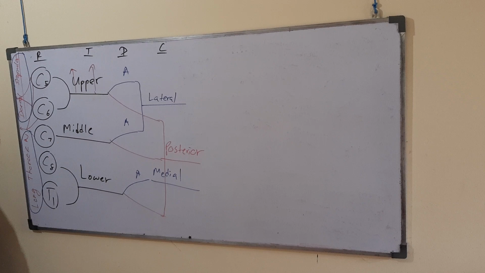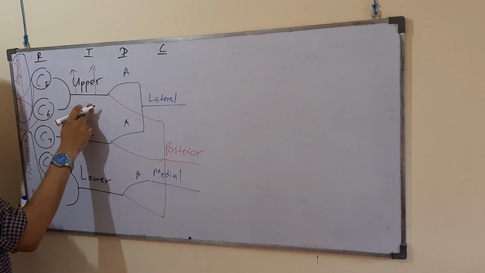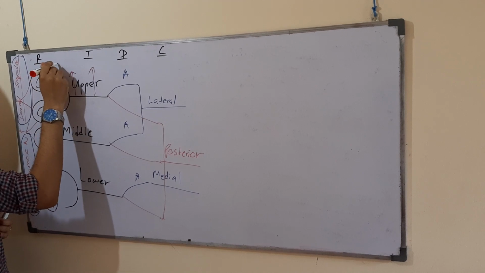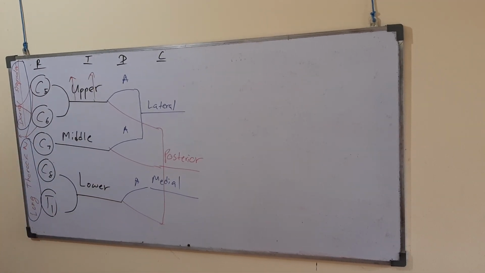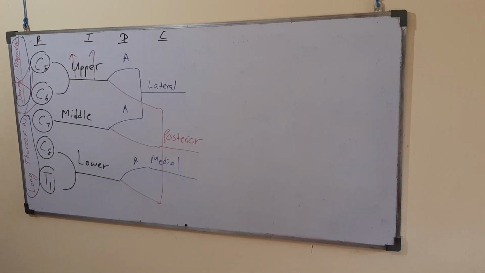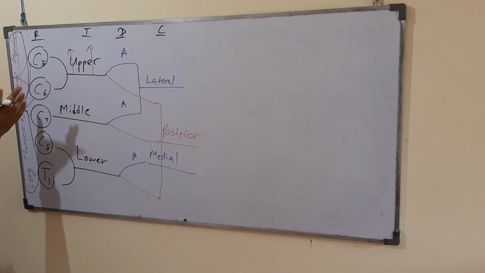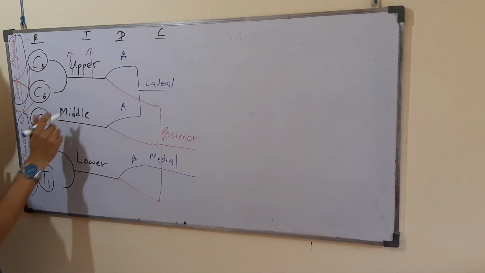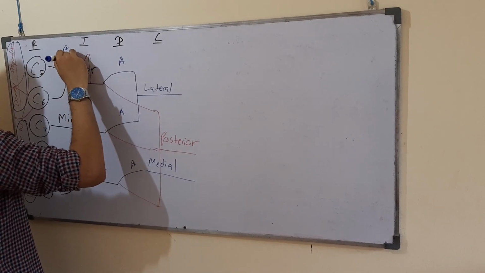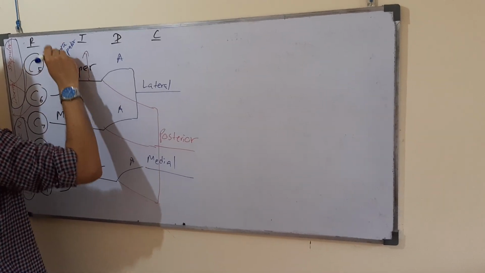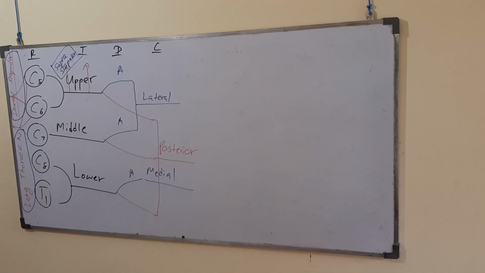The first branch which comes out directly from the upper trunk is known as the suprascapular nerve, or we call it the suprascapular branch, right?